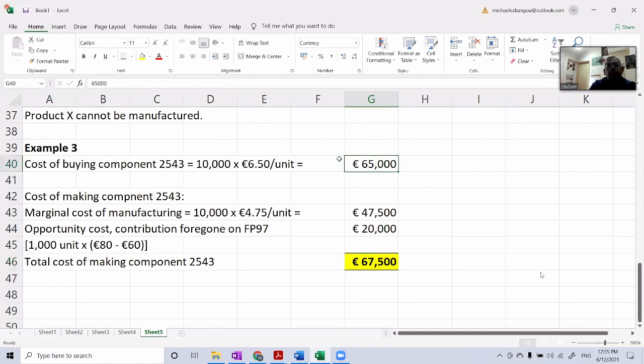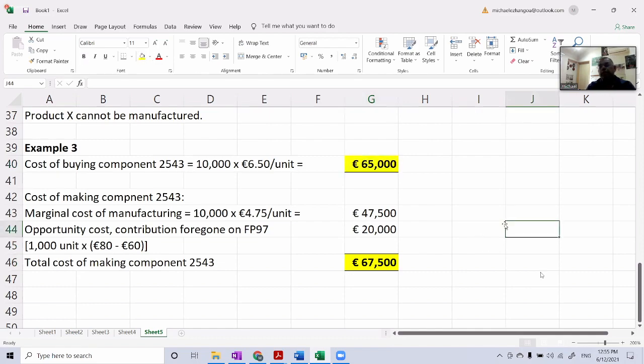That in bold, I will underline that, keep bold and highlight it. Listen, if I make, it's going to cost me 67,500. If I buy, it's going to cost me 65,000.